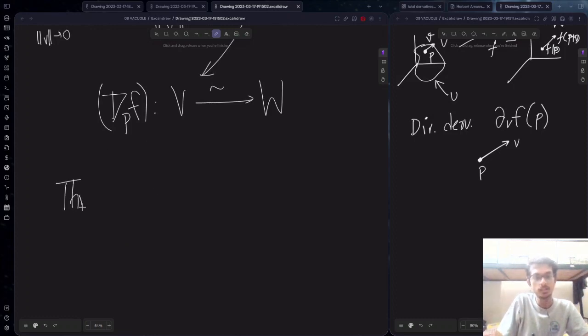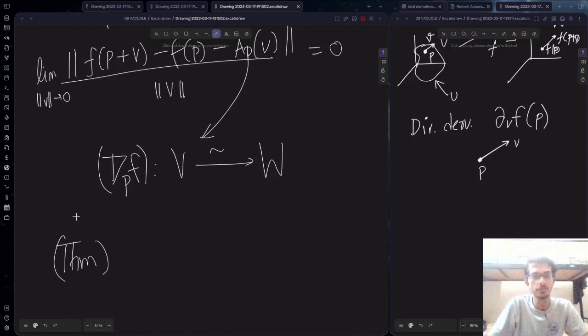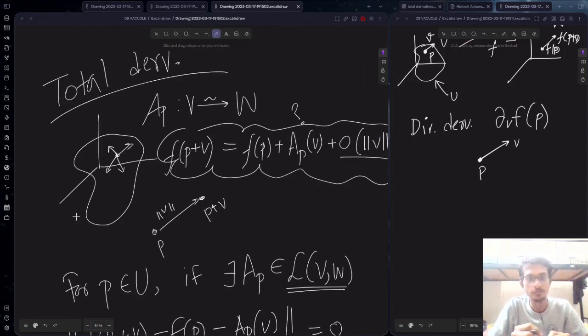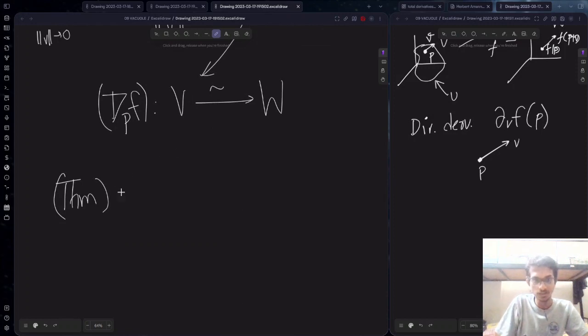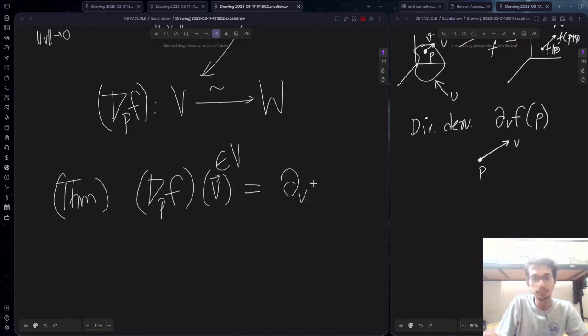There's a theorem which says that in this definition of a total derivative, the total derivative is just a linear approximation, a linear transformation that approximates the function at a point. dp of f, if it exists, it might not exist, of a vector v would be the same as the partial derivative in direction v at the point p.